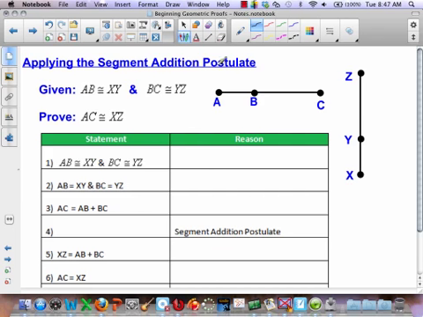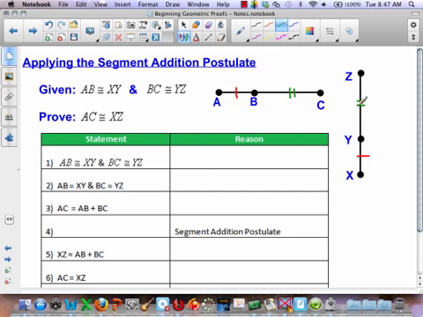So we're told that AB is congruent to XY, those two are equal, and then we're told that BC is congruent to YZ. What are we asked to prove? Prove AC is congruent to XZ. That's what we have to get to, guys. That's your final goal.